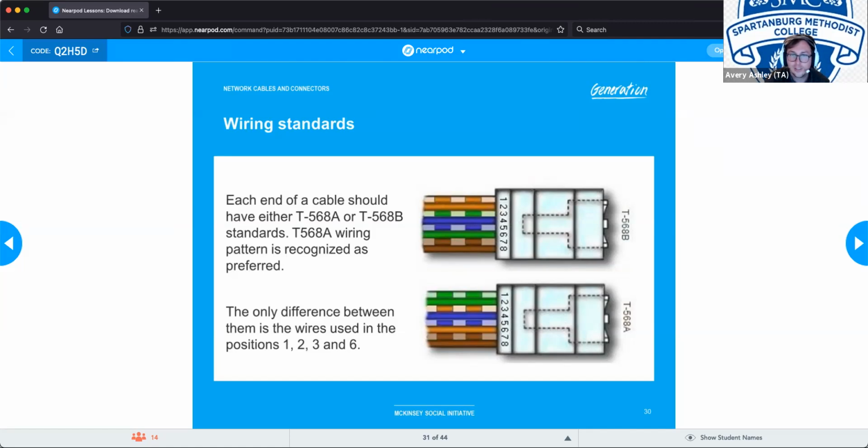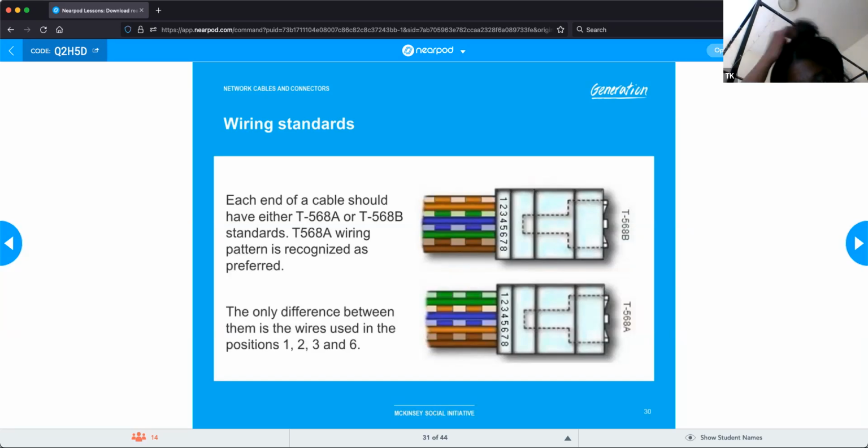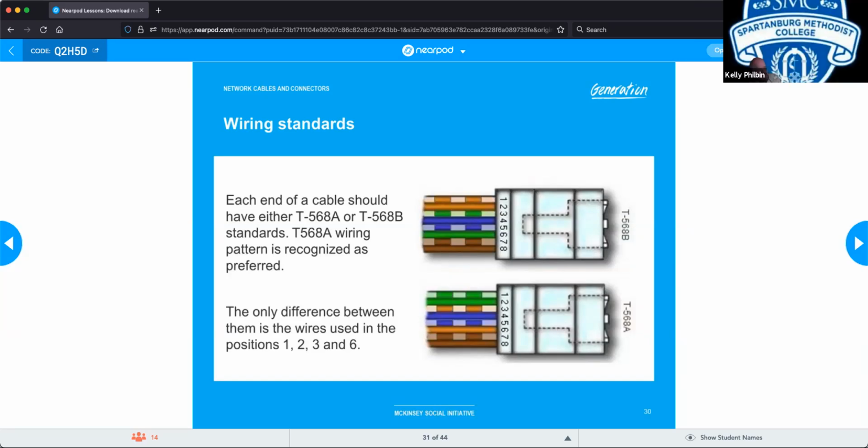Good question. If you look at it, this is the back of it. The little tab is on the other side, so you're looking at the bottom of the network connector. The tab would be at the top, and we're looking at the bottom. You can see how it's dotted right here.